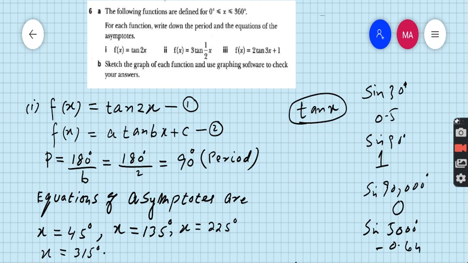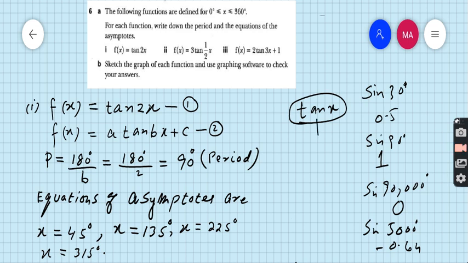It means the sine value can never be greater than 1 and never be less than minus 1. Similarly, if you find cos 90,000 or cos 5,000 or cos 1500 and cos minus 1500, the value cannot be greater than 1 and cannot be less than minus 1.